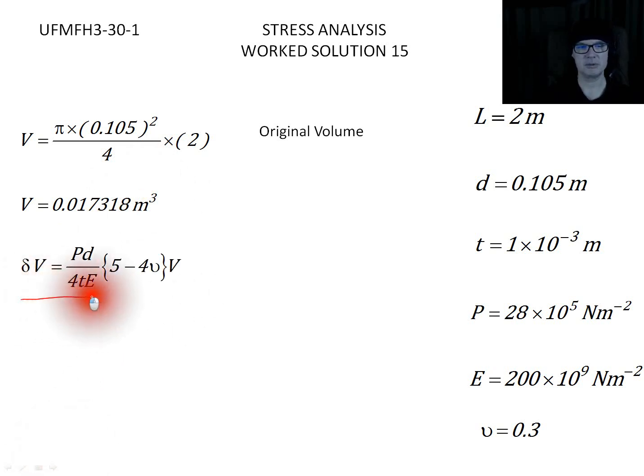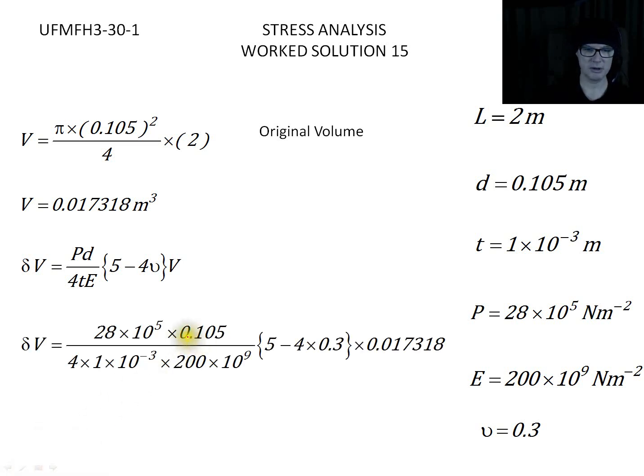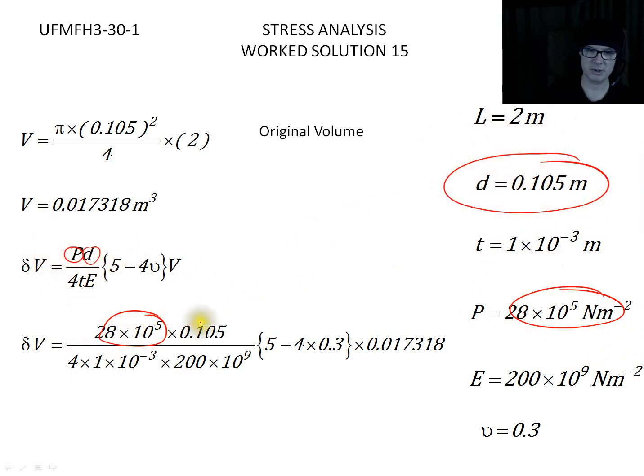Now this is the special formula that we can use on our formula sheet for change in volume for a cylinder. So this time I'm going to substitute our numbers in there. So the pressure, okay, so that's coming from there. Next, the internal diameter, so we've got an internal diameter that's going to go in there.